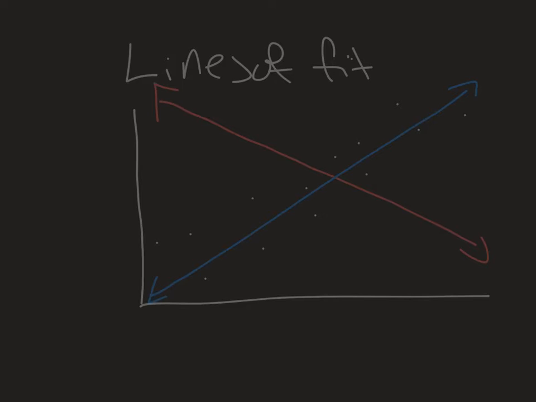Now, this blue line seems to be better than the red line, and if I was to draw a green line, like so, I think the green line's better than the red line, but it's not as good as the blue line. The blue line is much closer to the data points. So a line of fit doesn't necessarily have to go through any of the points, but it's one that's somewhat close to what's happening. It's what we call a trend line.